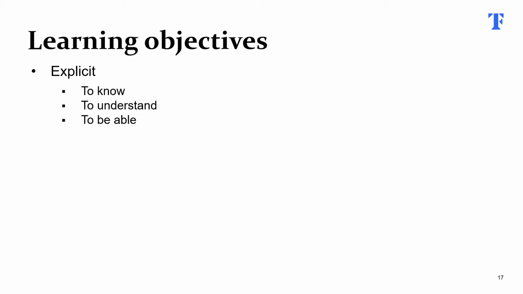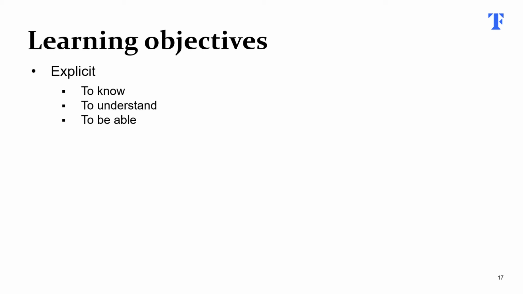It also means that you are clear in your own mind what you are hoping to achieve and how you might be able to recognise and see success. It can be helpful to think carefully about the knowledge, understanding and skills that are driving the lesson. Using to know, to understand and to be able to as part of the start of your learning objectives can be helpful. We'll take a look at some examples in a minute.